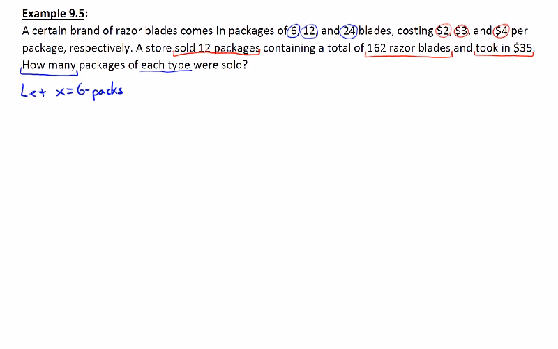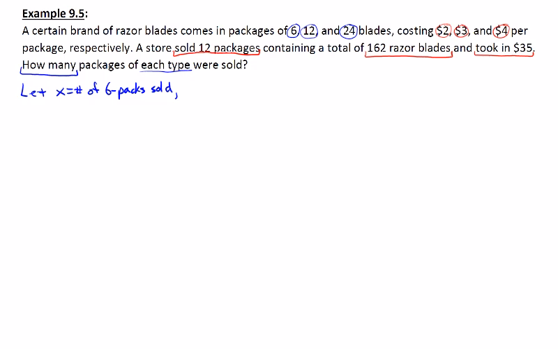You can't actually take a 6-pack and plug it into your equation, because that's what we're claiming X is supposed to be. So X has to represent not just the 6-pack, but how many of the 6 packs were sold. So X represents the number of 6 packs sold.